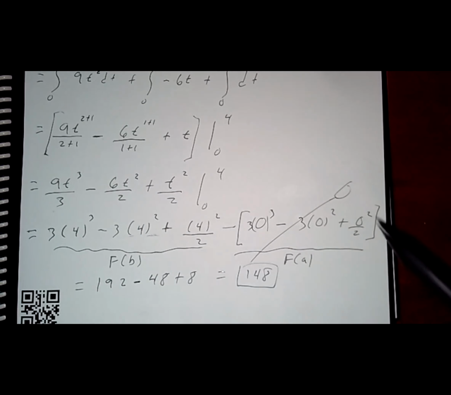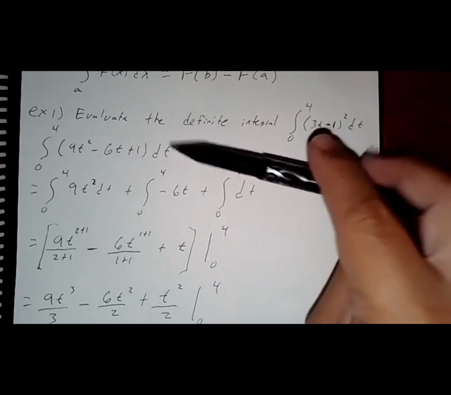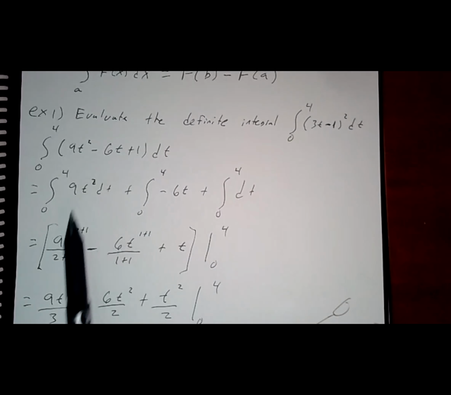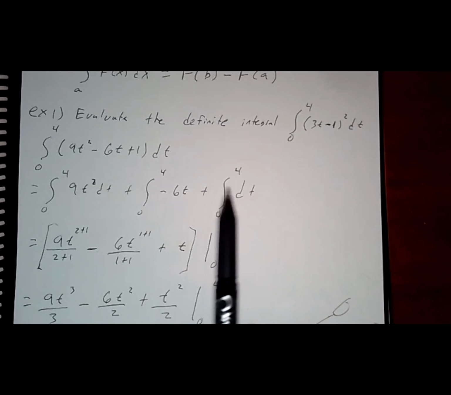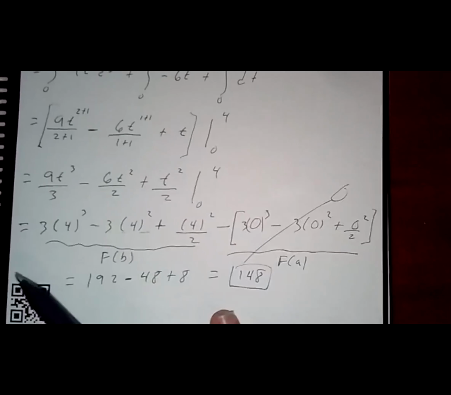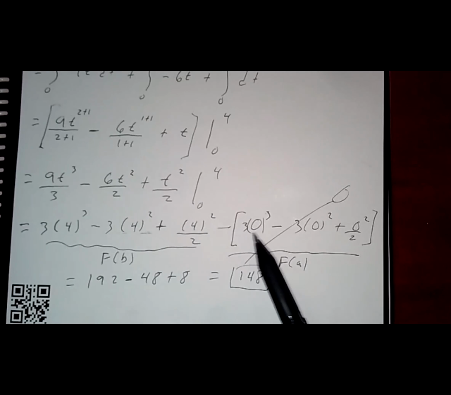Any questions on any of the steps? From the beginning, we separate the integral, just to be clear. Then we found the antiderivative, integrating each piece separately. So this became that, and this one is t. Then I plugged in the 4. Then I subtracted and plugged in the 0, the 4 and the 0.